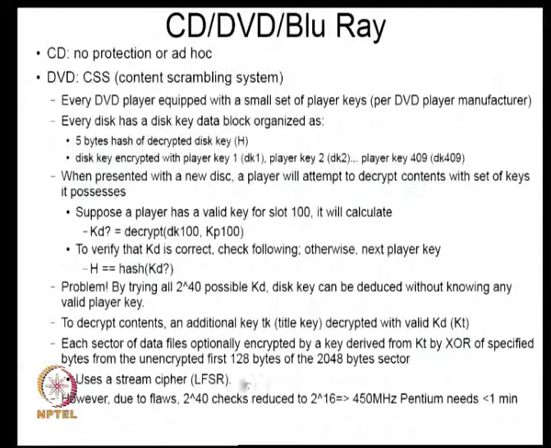And this stream cipher is symmetric key, therefore, if you encrypt, you can use the same stream, or if you decrypt also you get the same stream back. And this can be done fairly fast.